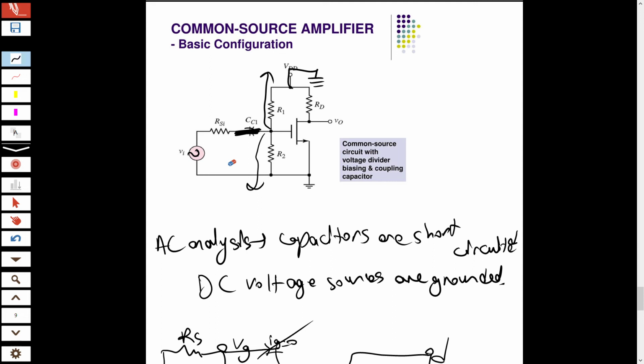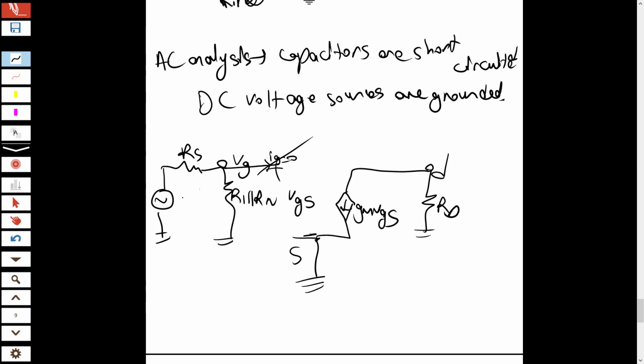Input resistance depends on your definition. If you look from here, we don't take the RS. Here, we take the R input, looking from here. So my R input becomes R1 parallel R2.